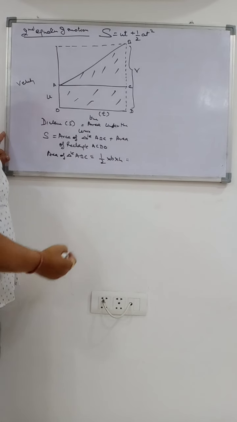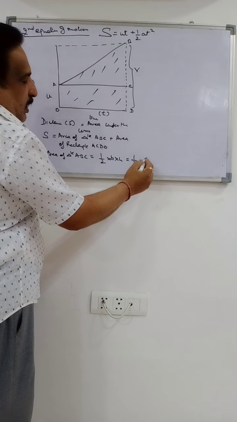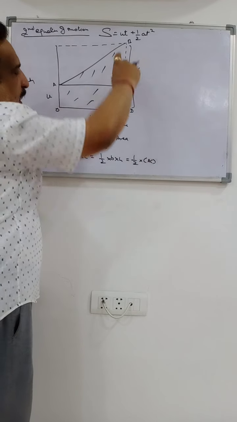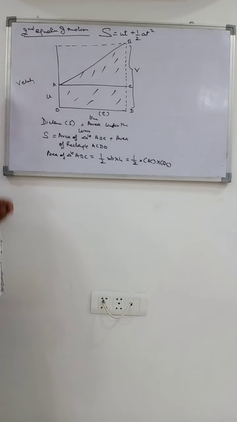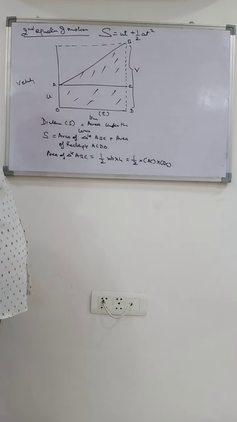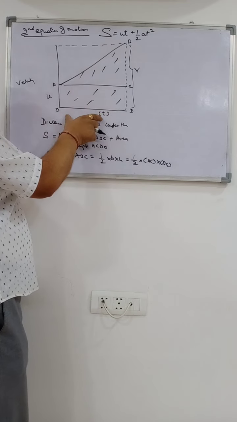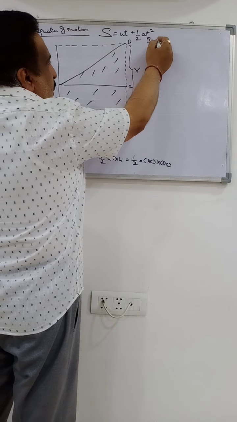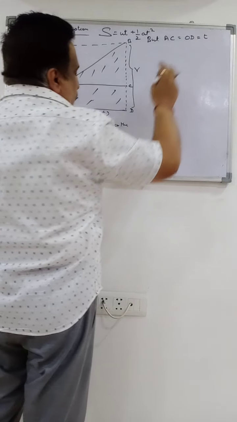What is the base? AC into height BC. What is AC equal to? AC is equal to OD is equal to T.